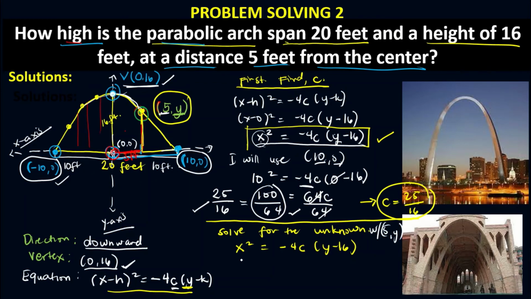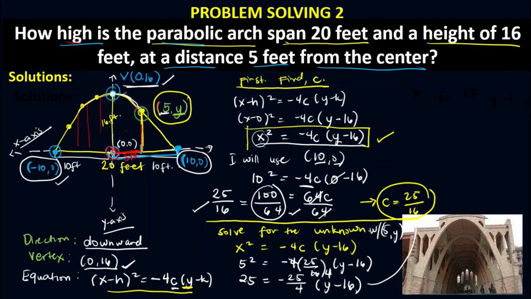Okay, so yung x natin dyan is 5, then squared is equal to negative 4 times 25 over 16 times (y minus 16). Simplifying this, we have 5 squared that is equal to 25 equals, okay, ito makakancel na to. Ito, cancel, and then gawin natin 4. So, yun ay magiging negative 25 over 4 times (y minus 16).